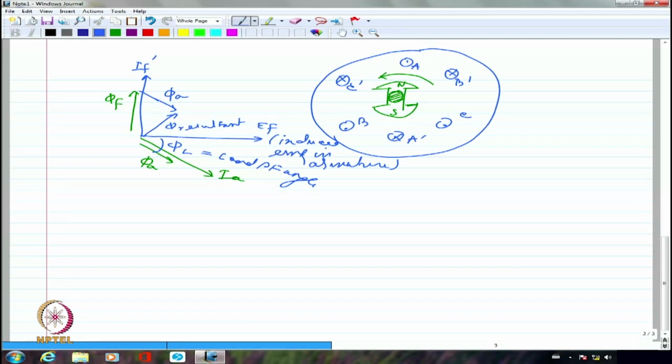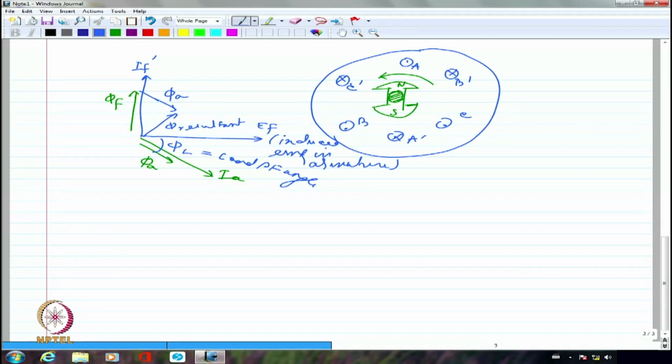So I am neglecting hysteresis, saturation, all those nonlinearities, and I am saying that flux is proportional to IF and it is in phase with IF. That's it. So this is the phasor diagram basically for the machine, which does not yet include the equivalent circuit parameters. We will look at that as well.